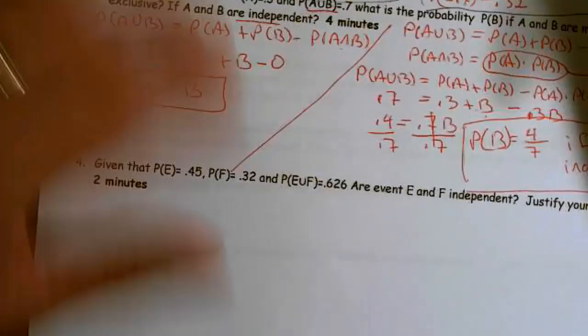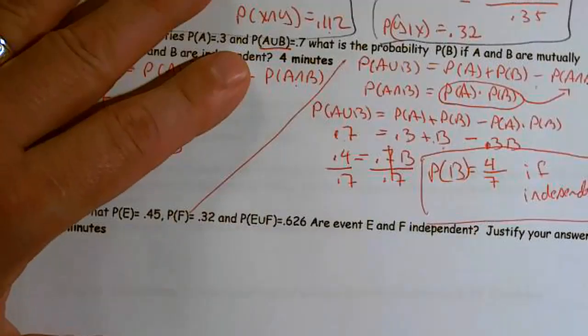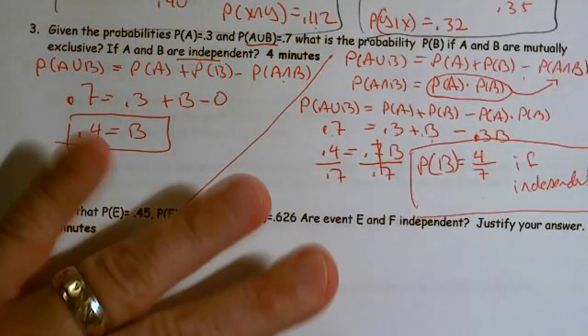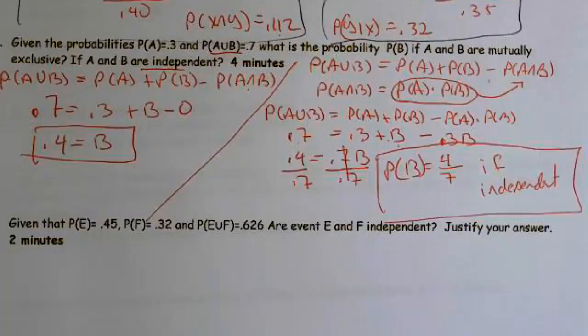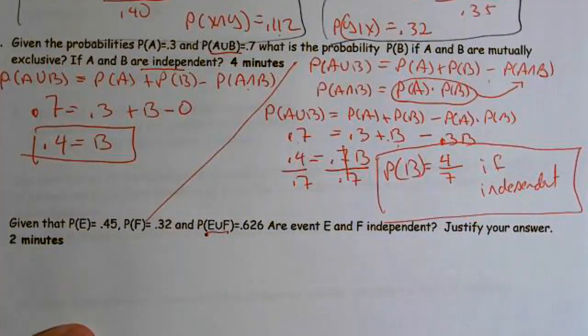All right, very last one on this page, and this was in this video. Given that E equals 0.45, F is 0.32, and E union F is 0.626, are events E and F independent? Okay. Once again, I have this formula, all right?